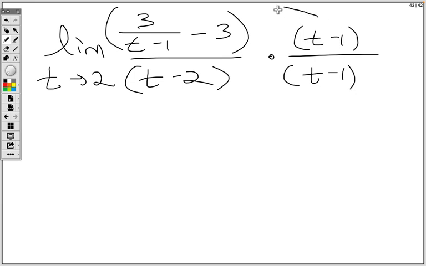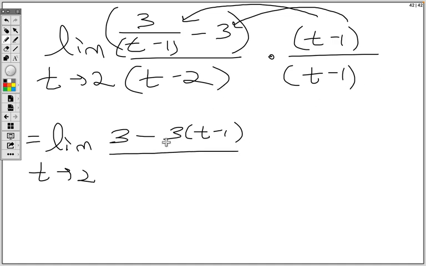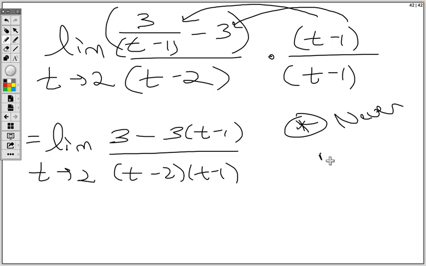So when you multiply the numerator by this, the t minus 1 factor would come in, cancel out on the first one to leave us with a 3. Here it's going to get stuck around. And on the bottom it's going to get stuck around. And remember, folks, the rule of thumb in calculus is you never multiply out denominators.